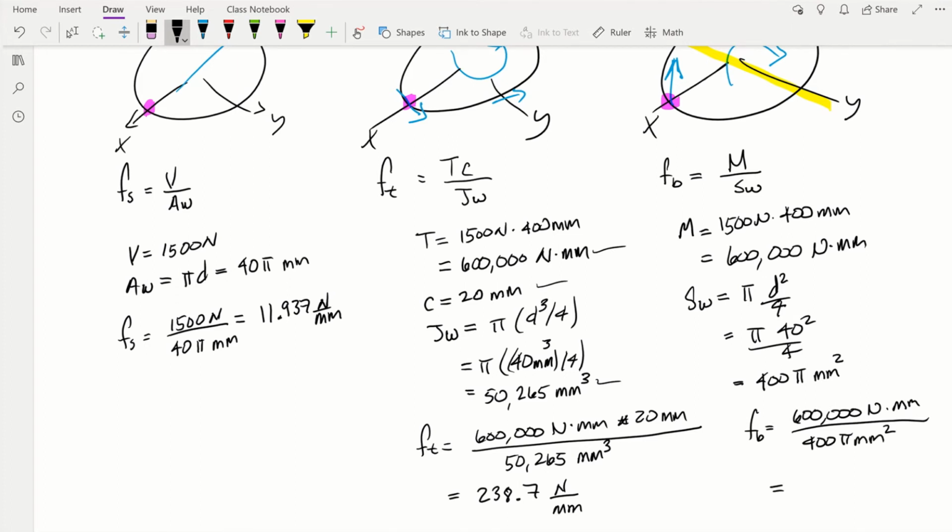We type that in the calculator and we get the number 477.5. And look at the units. We got newtons up on top, and then we got one millimeter on top and millimeter squared at the bottom. So one of those is going to get canceled, and we have Newton per millimeter.